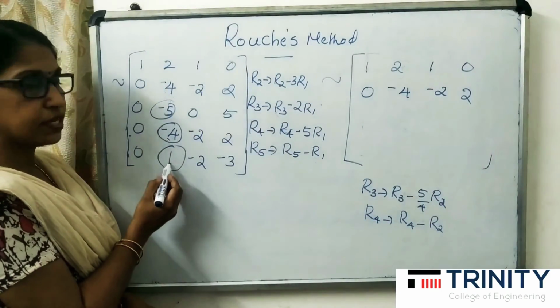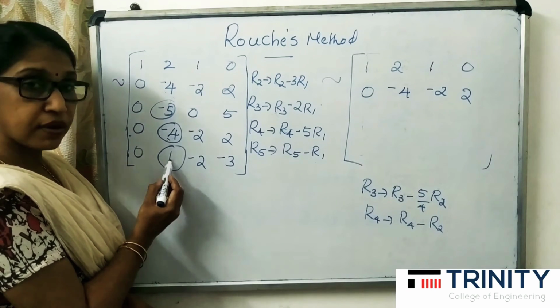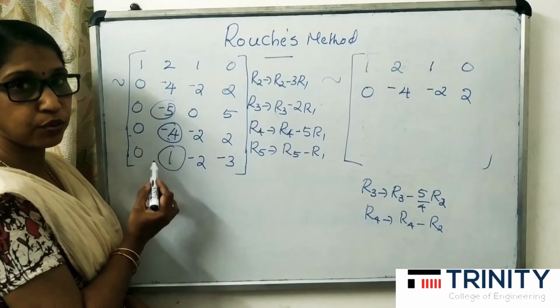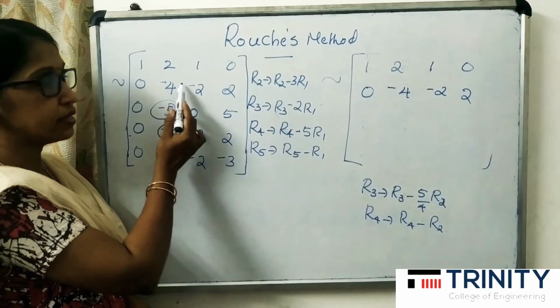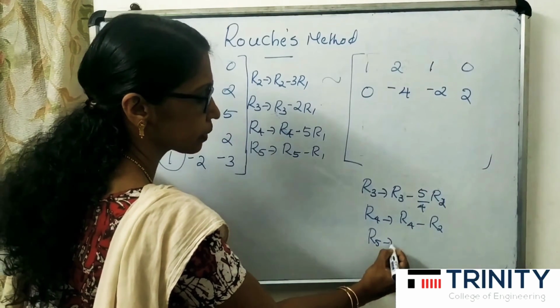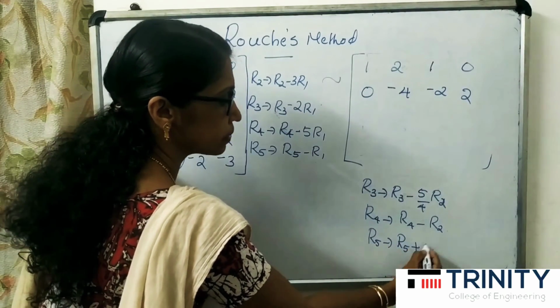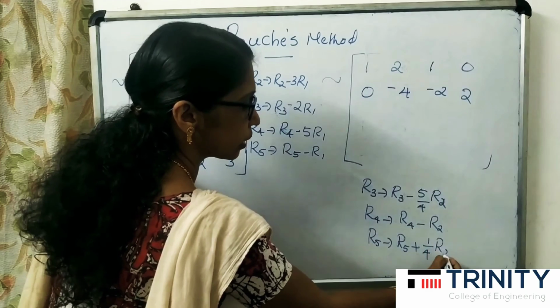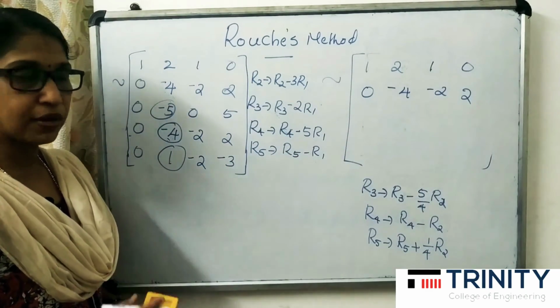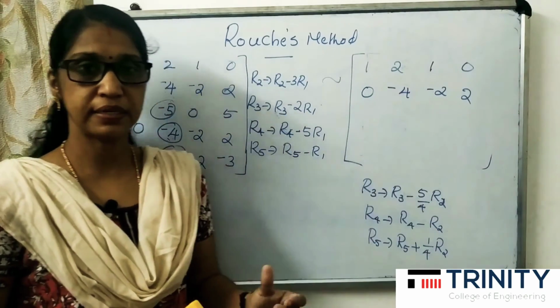Now the last element is 1. For making 0 here, we have to multiply this row by 1 by 4 and adding with this, we get 0 here. So R5 gives R5 plus 1 by 4 R2. So these are the transformations we are going to perform in this matrix.